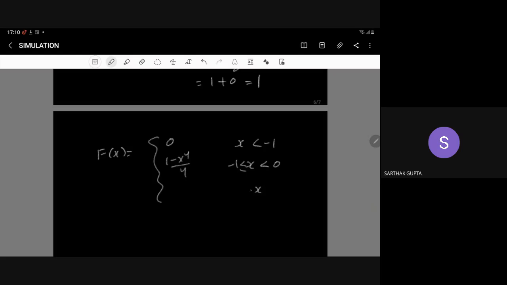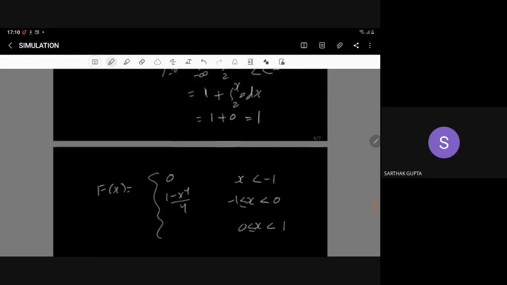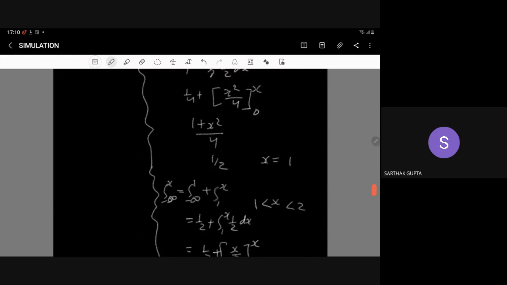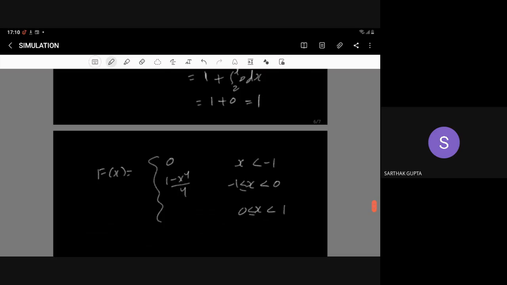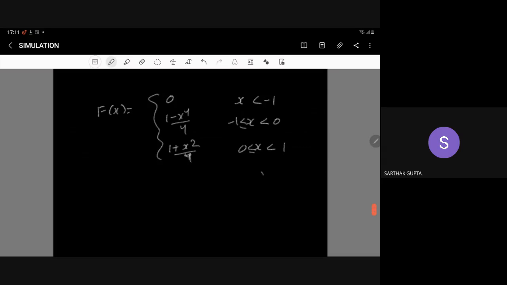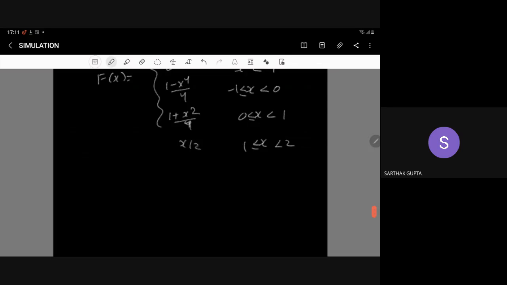For the range from 0 to 1, it is equal to 1 plus x square by 4. And for x greater than 1 but less than 2, it is x by 2. And for the range x greater than 2, it is 1.